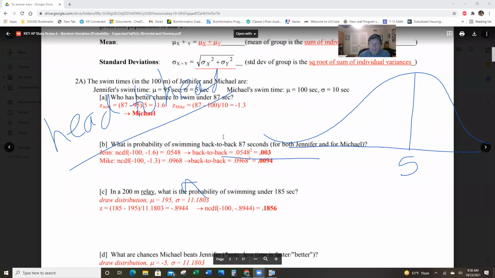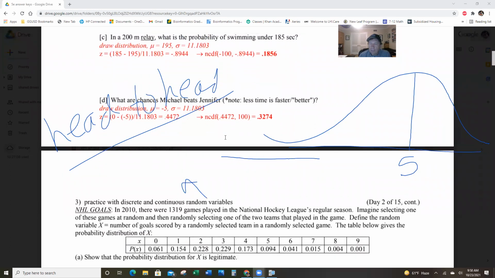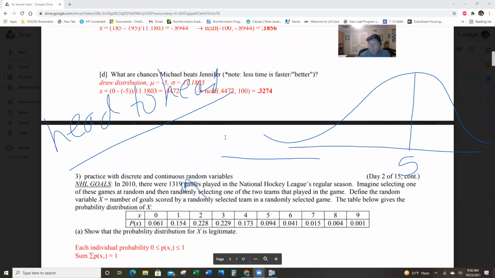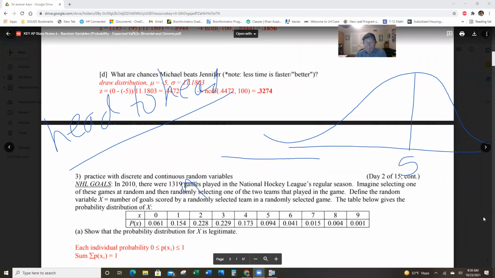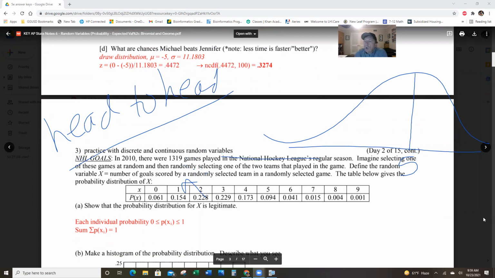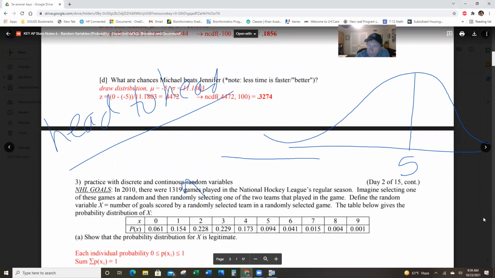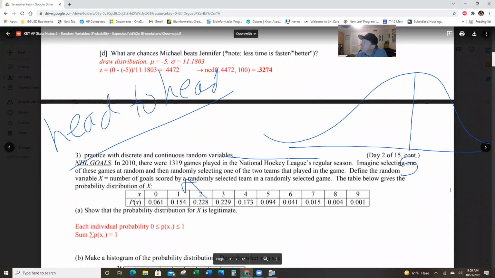Is that right? It's 95 to 100. So with that in mind, that she's 5 seconds better, I'm going to put 0 somewhere, right about here. Whoops. Not in draw mode.